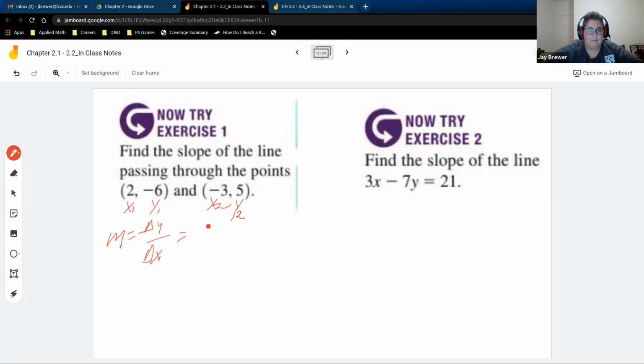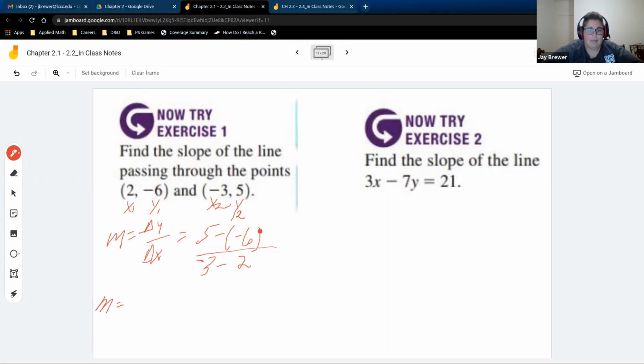So we want 5 minus a -6 over -3 minus 2. Those minuses are coming from the formula, the ones outside. So you always have to bring in your own signs from the points.